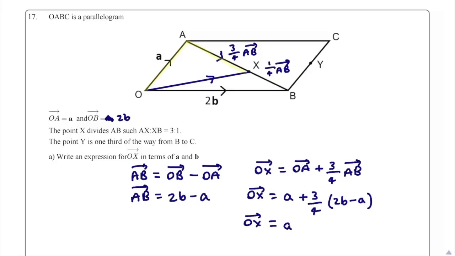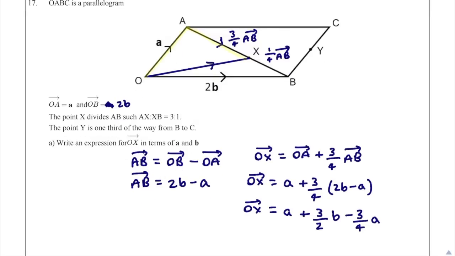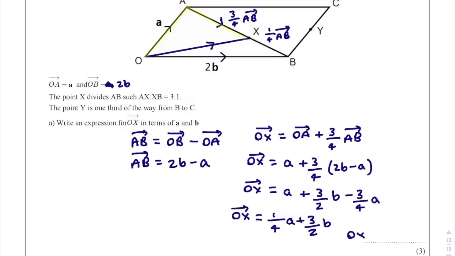We get A plus 6/4 of B, which is 3 over 2B, minus 3/4 A. And then we get the vector O to X equals 1/4 A plus 3 over 2B. So that is our final answer for O to X.